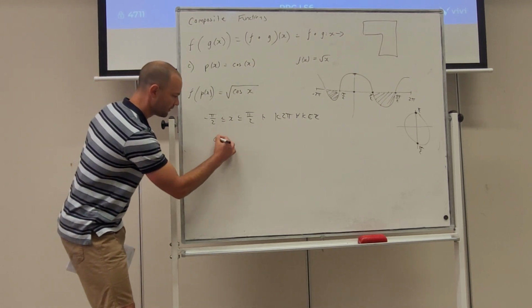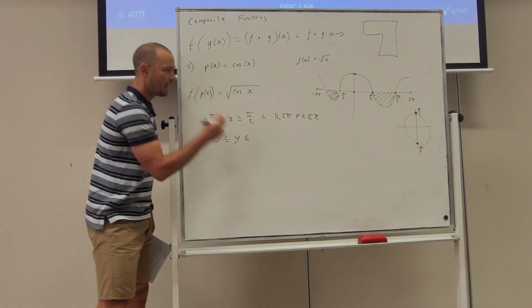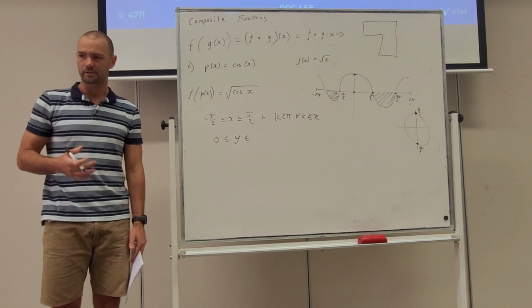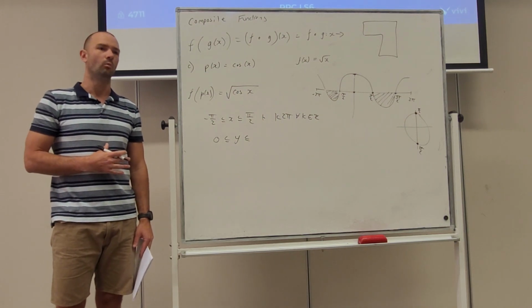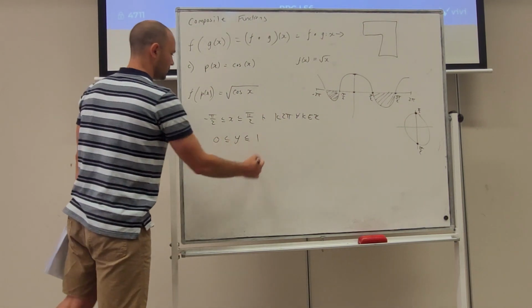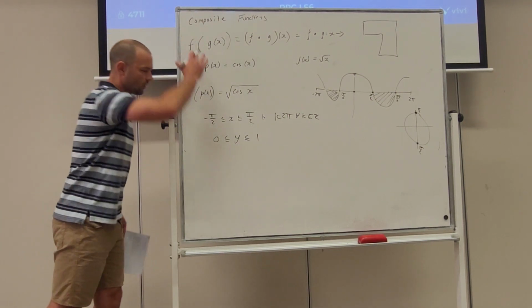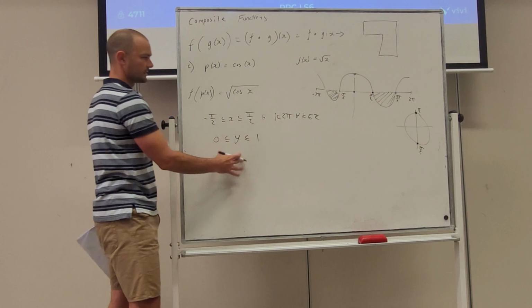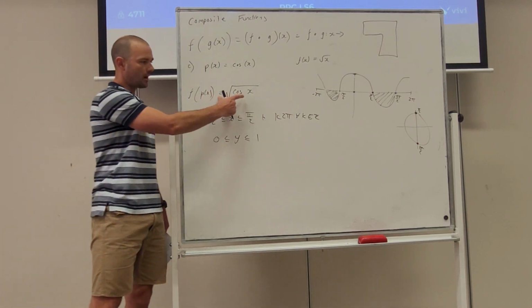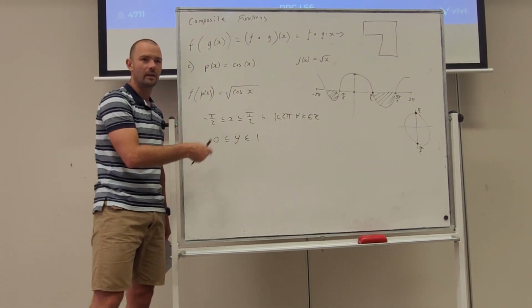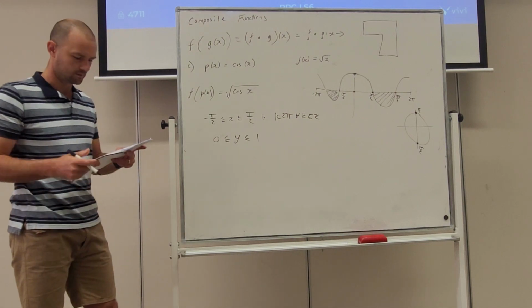So the lowest value of y is 0, and the highest value that cos can take is 1, and the square root of 1 is 1. Isn't that fantastic? We can just look at that and reason to this is the domain, this is the range. Well done. Graph it on your calculator, observe it, and confirm what you've got there.